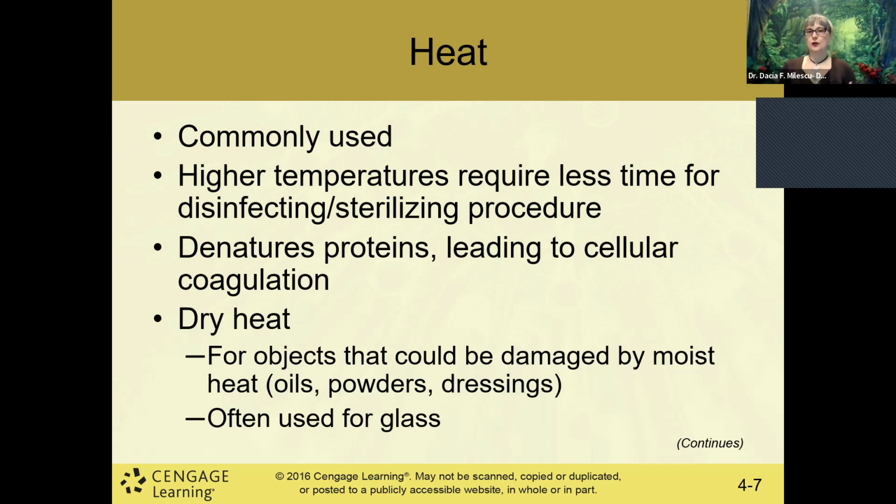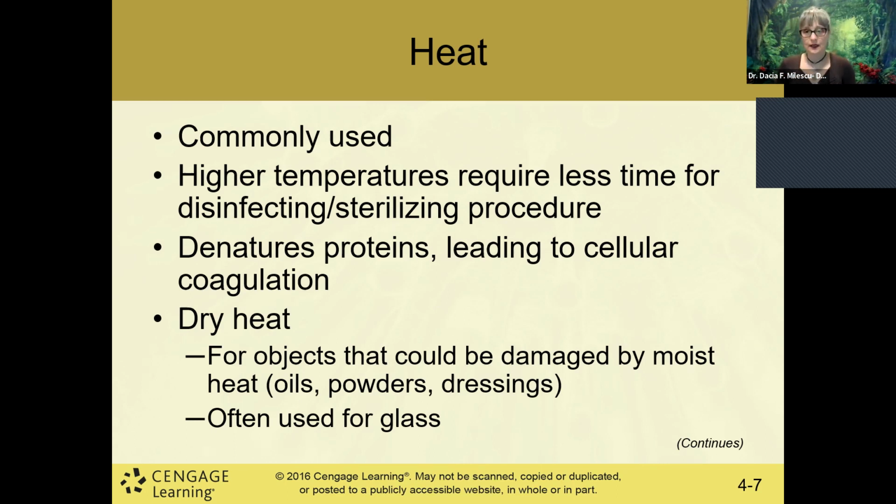So now we have two methods. We can do moist or dry. We talked about high pressure and steam, which is moist, but dry heat is something that we like to use when we don't want the moist heat to damage whatever product you're sterilizing. Examples of this would be oils, powders, and dressings.